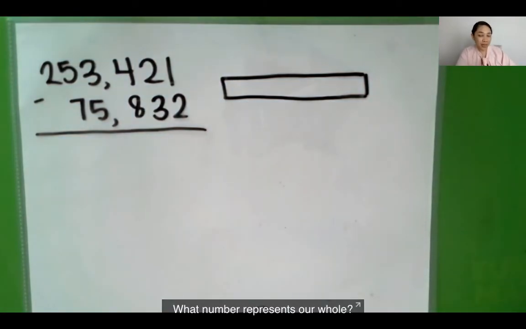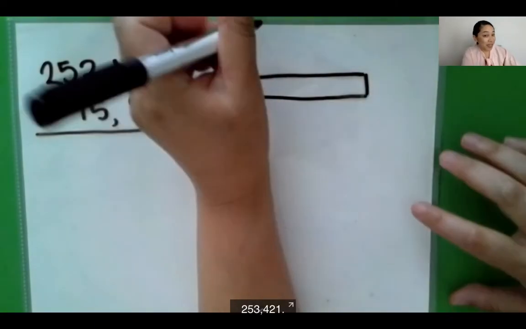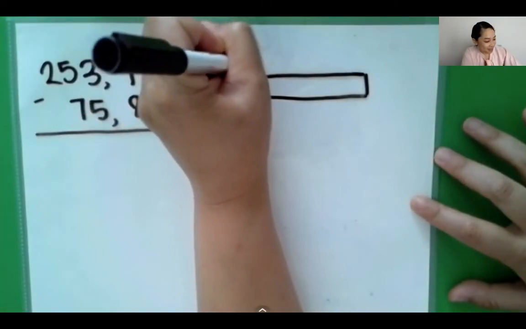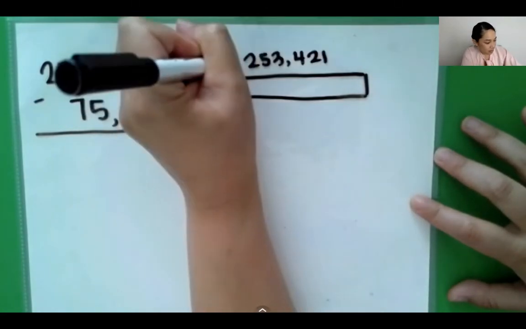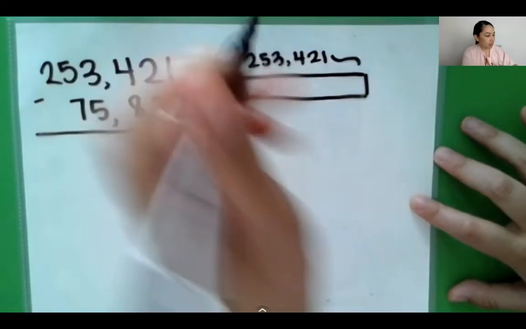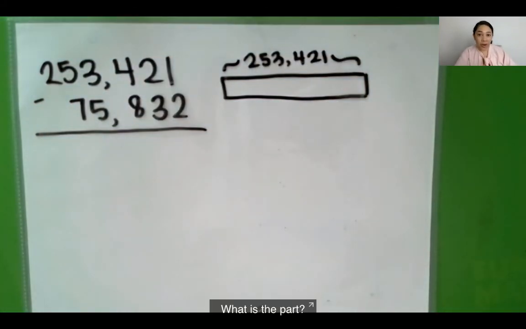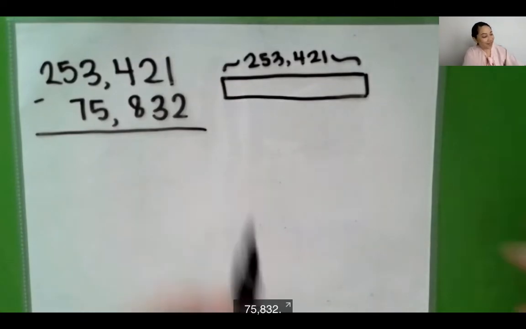What number represents our whole? 253,421. What is the part? 75,832.